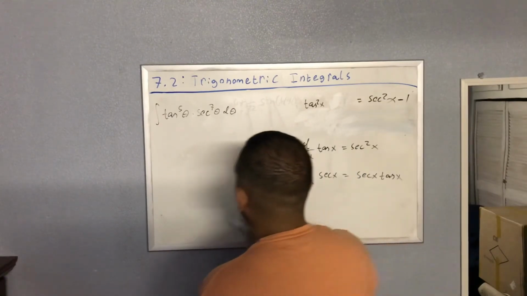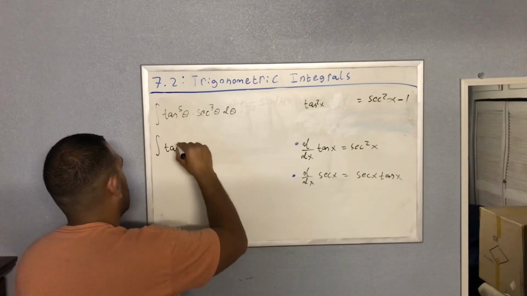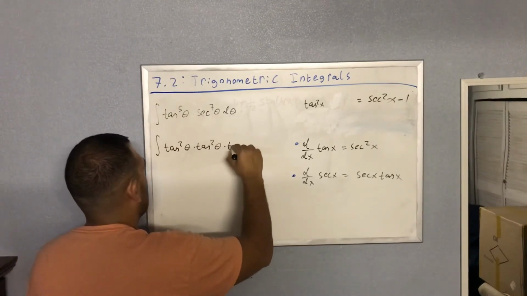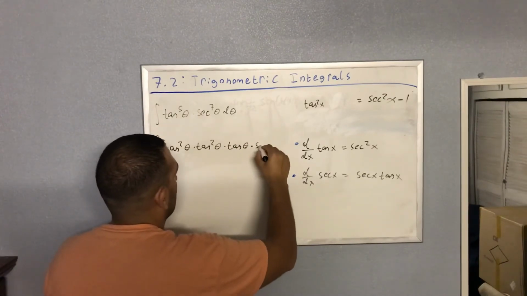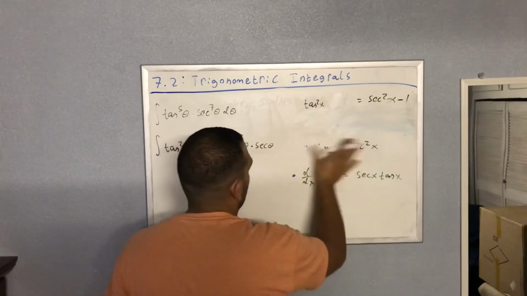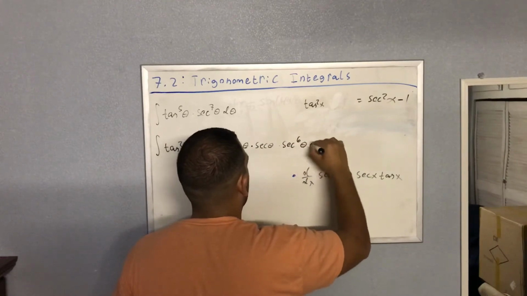And this is nice. We have an odd power of tangent. So we're going to rewrite this as tangent squared times tangent squared times tangent, and then times secant theta times secant to the 6th theta.